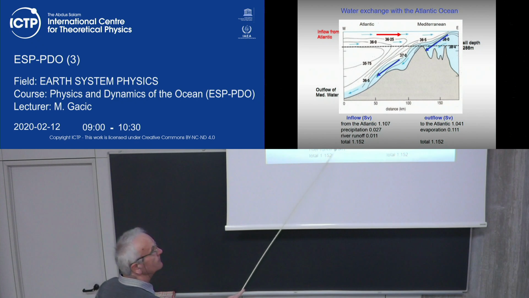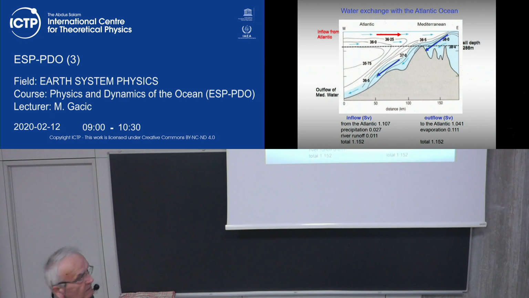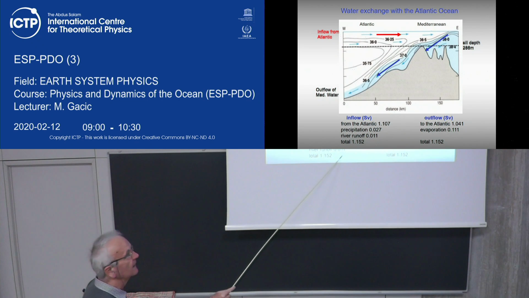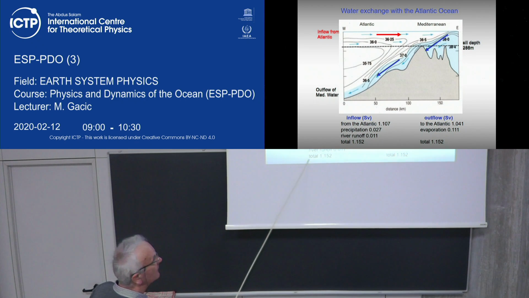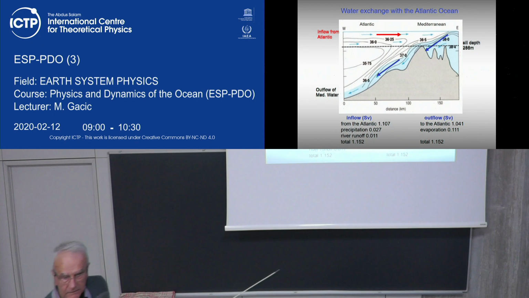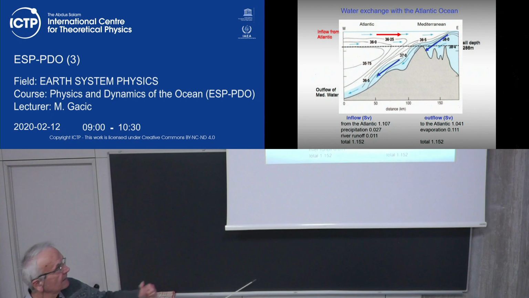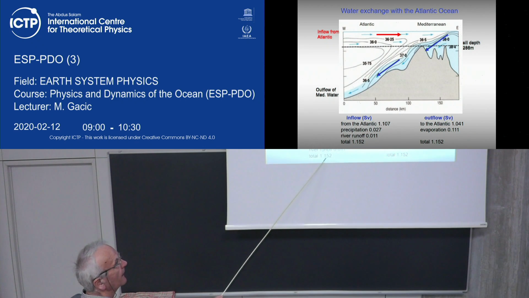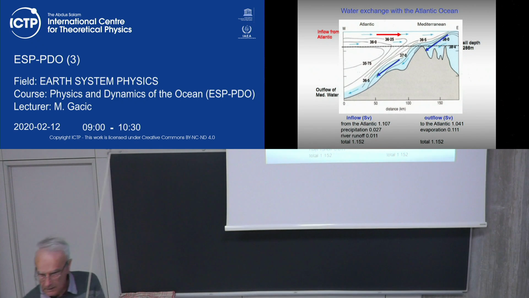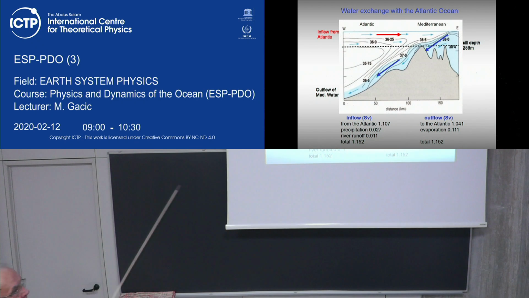Then we have precipitation, which is about 27,000 cubic meters per second, and a river runoff of 11,000 cubic meters per second. And this total inflow, including Atlantic water, precipitation and river runoff, is 1,152,000 cubic meters per second.